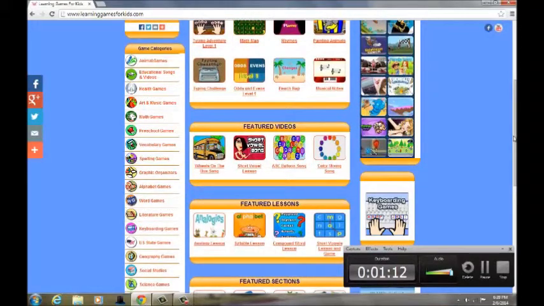As you can see in this part, there are several game categories. We have all of these, but we're only going to review a few of them. The first one we're going to review is math games.